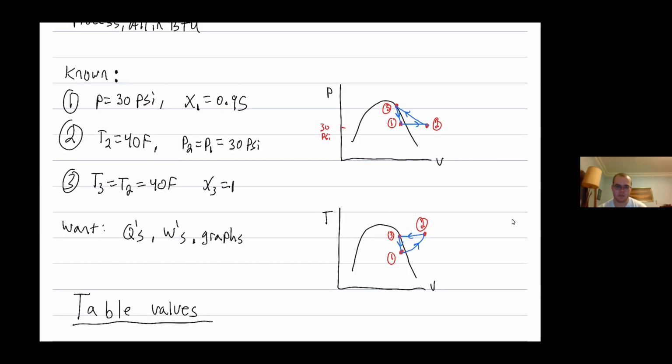Quality is 0.95, so it's under the curve, and it's closer to the saturated vapor side. Right. So that's how you know. Quality tells you there. And then state two. If I look at the PV diagram, how did I know where to put that? You have constant pressure, so you just make a straight line over, because if you didn't, pressure would be changing. Yep. Awesome. It's that simple. All right. What about the TV diagram?